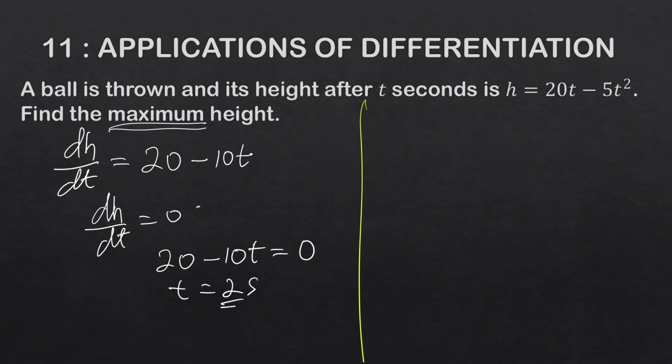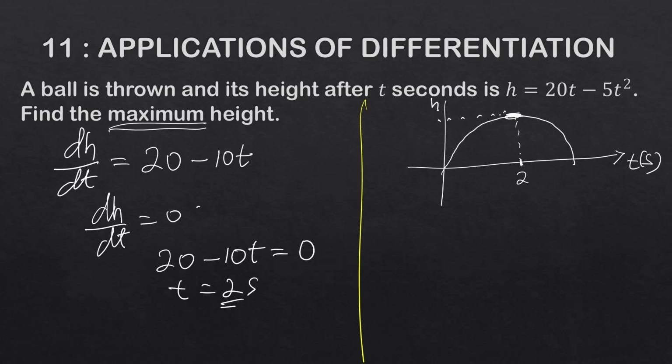Now the question is, what is the maximum height at that point? If this is a graph of the curve, the thing moves like this, maximum, and this is time, t in seconds. So this is 2 seconds. That 2 seconds is the maximum. But what height?